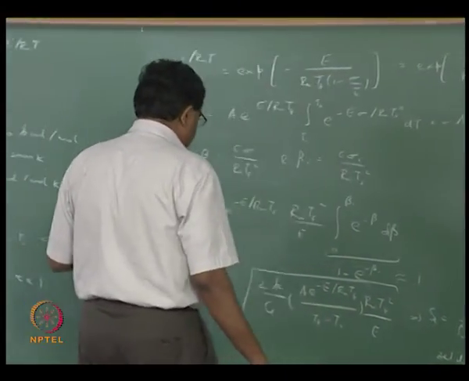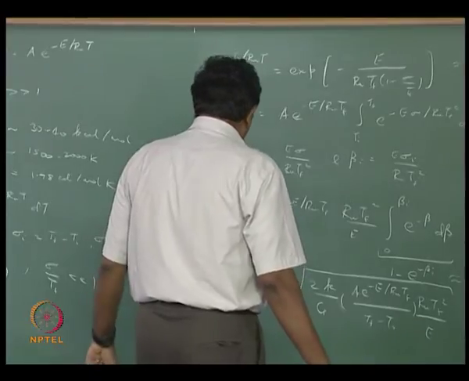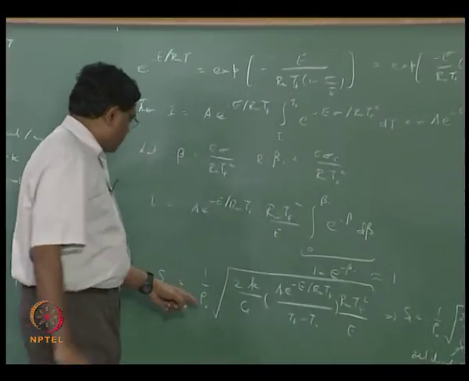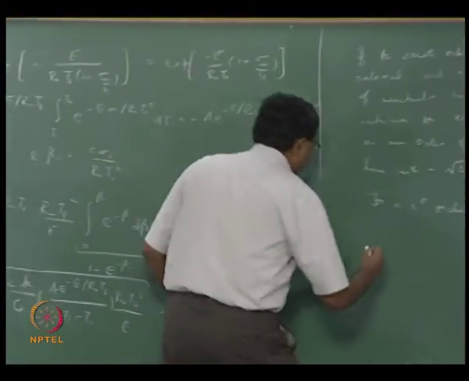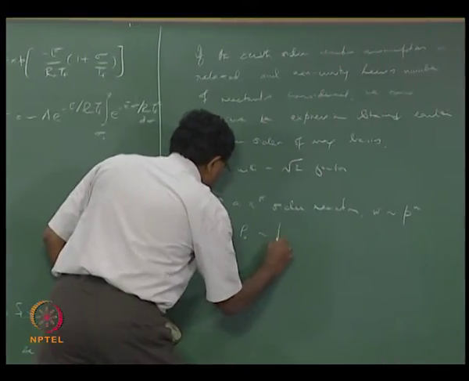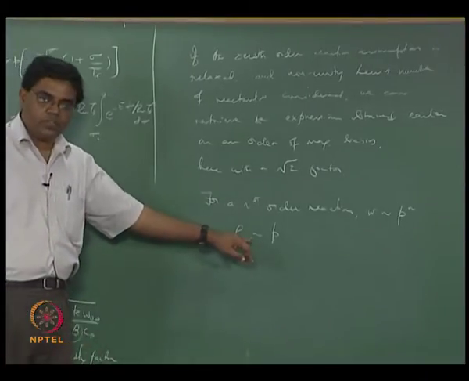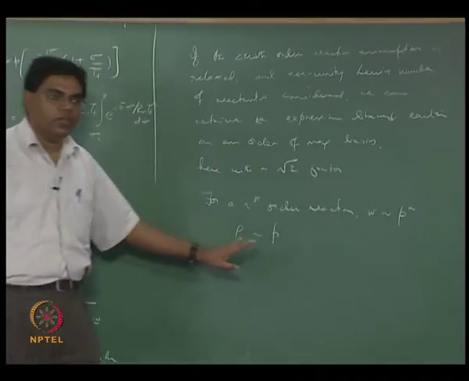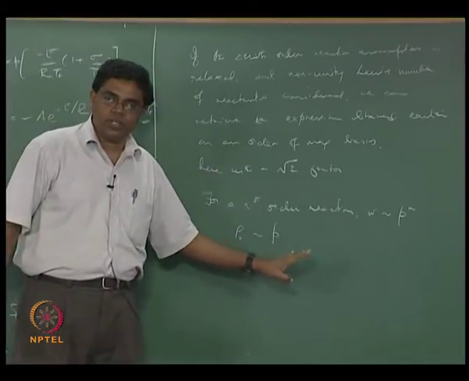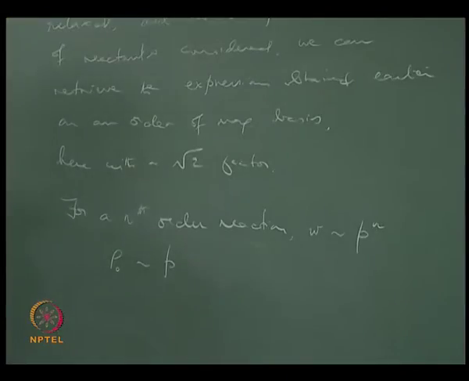Now what you have is rho naught in the beginning, right. So rho or rho naught goes as P. I don't want to say P naught because we are assuming the pressure to be constant. It does not matter whether it is P naught or P infinity. We are just talking about a more or less constant pressure deflagration here.